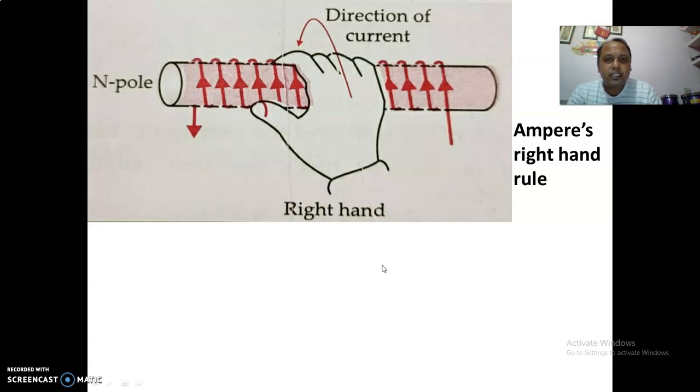How it is done is, if you hold the solenoid in your right hand such that the curved fingers represent the direction of current, then the thumb will point towards the north pole. This is Ampere's right hand rule.